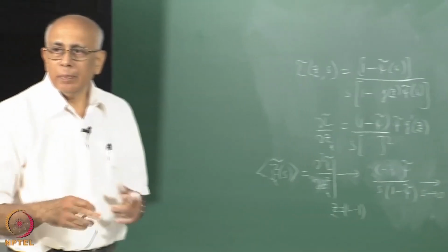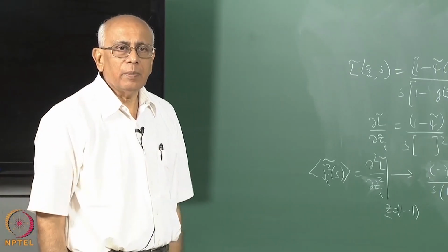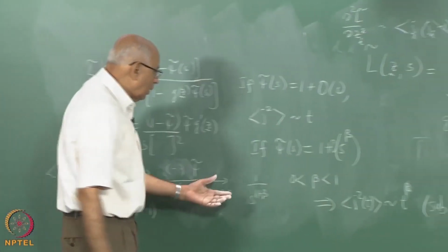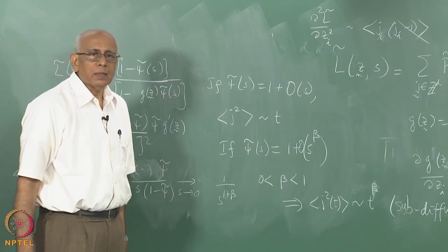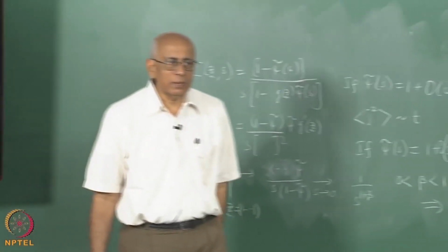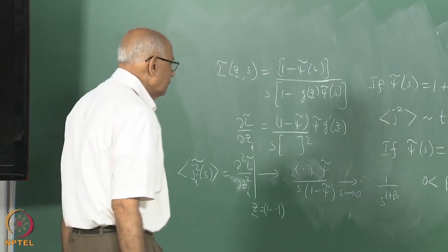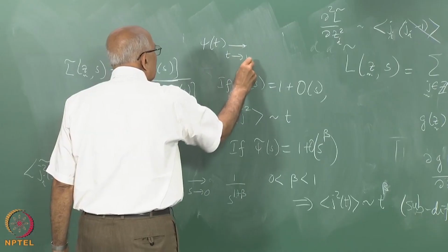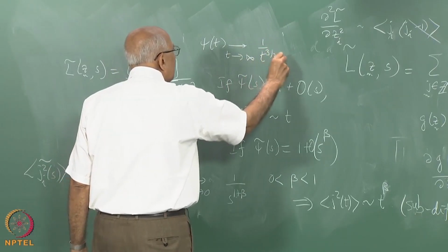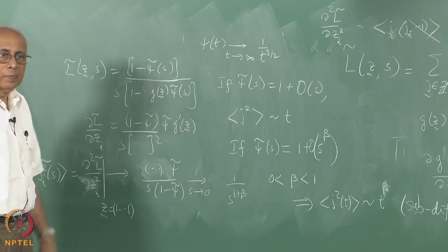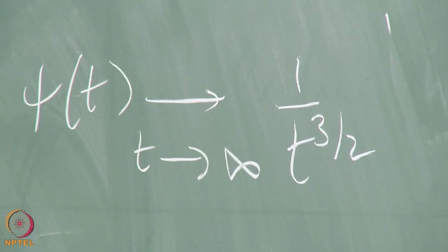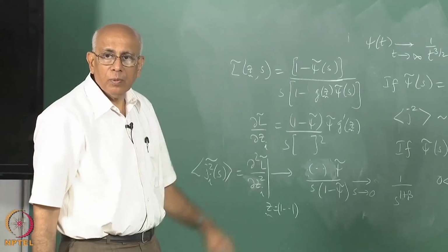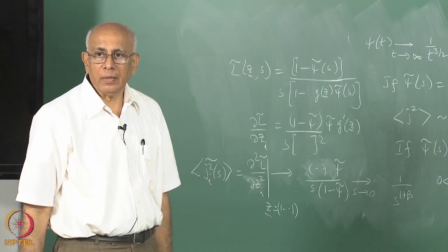It is entirely dependent on the long tail behavior of psi of t, because what does it mean if for instance psi of t went like 1 over t to the 3 halves? What would it mean for the Laplace transform? You have to take the Laplace transform of t to the alpha, where alpha is minus 3 halves.